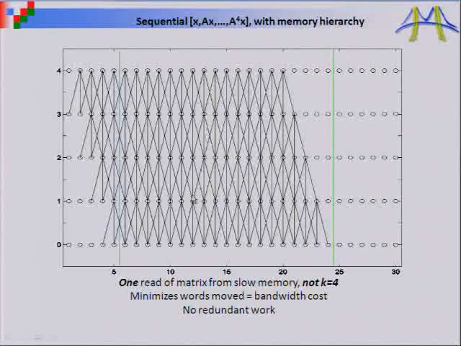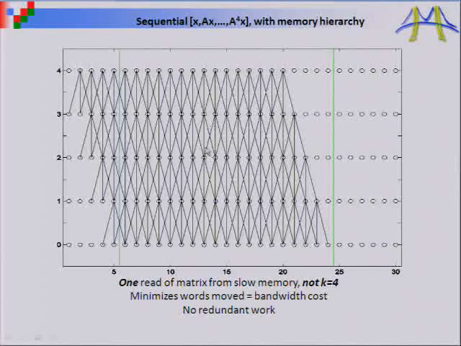Now I want to compute all of this. What do I do? I read in the rows of the matrix corresponding to these entries, 6 through 24. I remember these 4 entries of x, Ax, A squared x, and A cubed x. I leave them in cache. And now I have enough information to compute everything in this parallelogram with no more memory traffic.